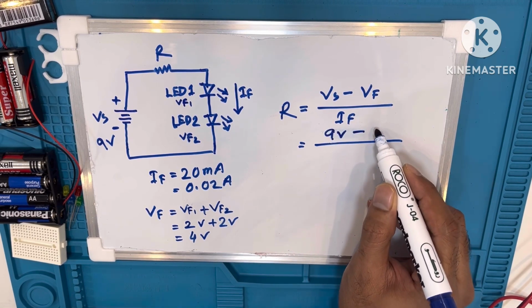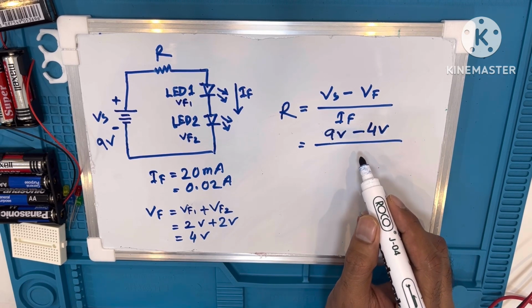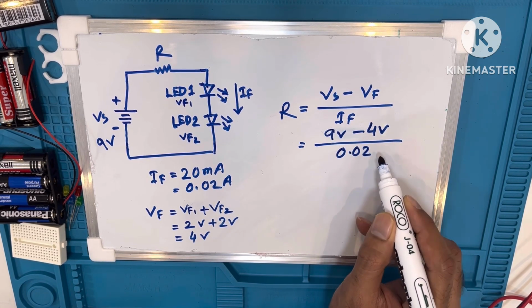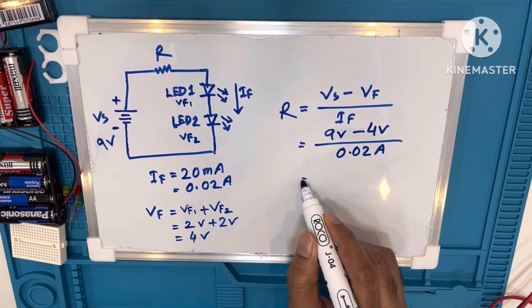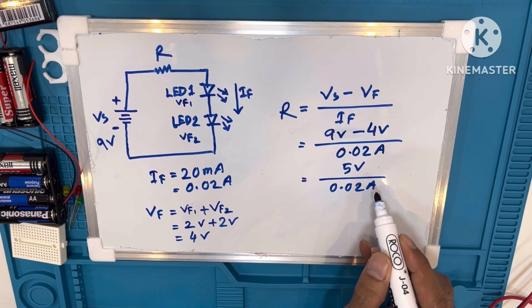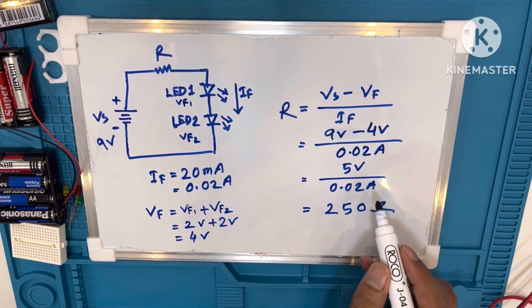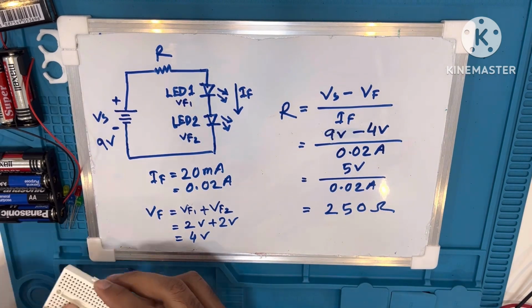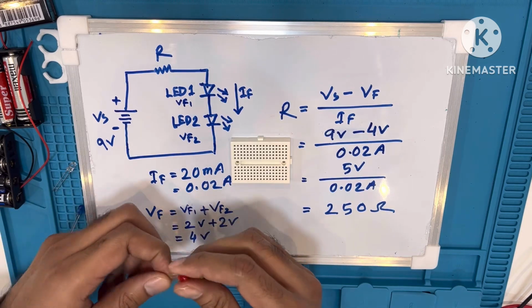So let's replace the source voltage with 9 volt and the forward voltage with 4 volt, and the forward current is 0.02 ampere. Now if we calculate the value, the resistor value will come to 250 ohm. So like before, now I will connect this circuit on a breadboard.